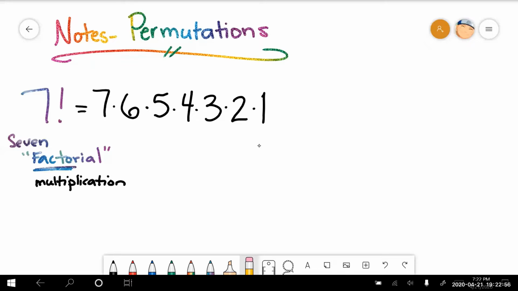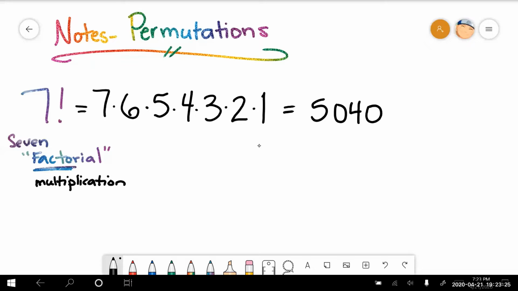So I can type 7 and then hit the x exclamation point, and that does the factorial for me. And that equals 5,040. So these factorials get large pretty quickly, the same way exponents get large pretty quickly. It's all sorts of multiplication happening, so expect big numbers.